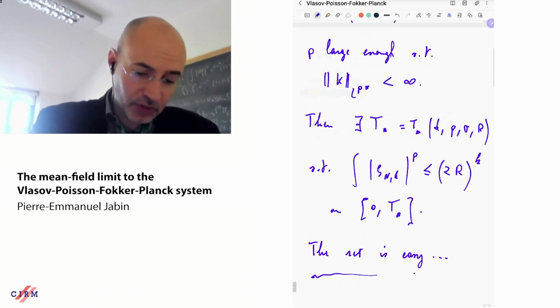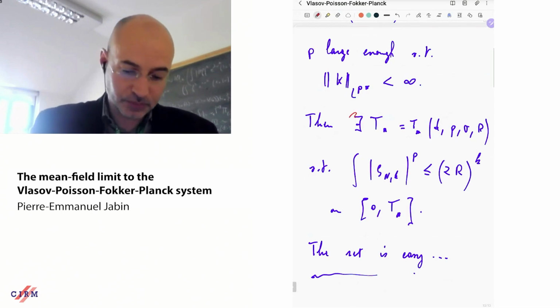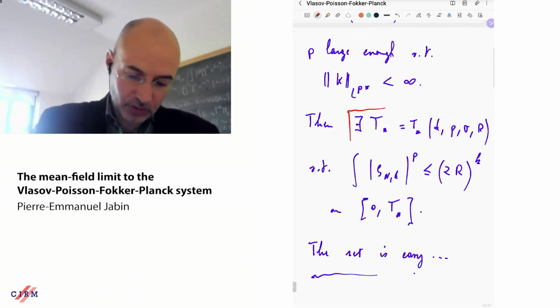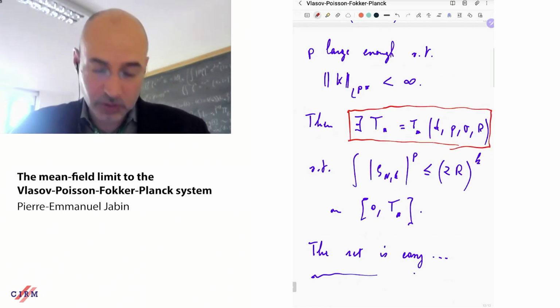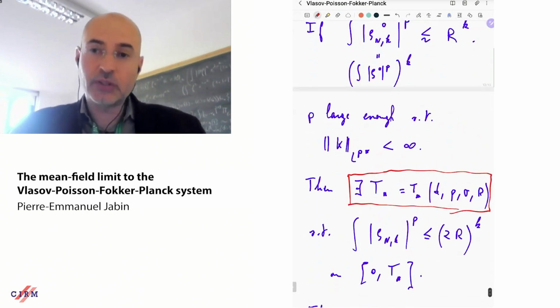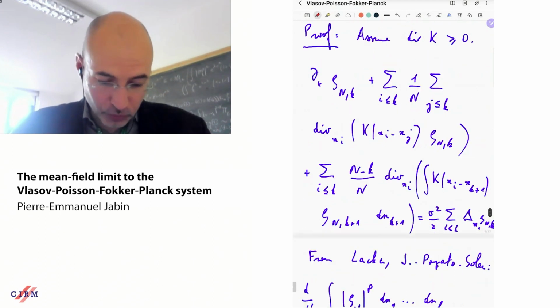Now, there's one thing here that I'm going to discuss a lot more when I try to write a theorem for the actual Vlasov-Poisson-Fokker-Planck. It's that this analysis, as it stands, naturally only works for short time.